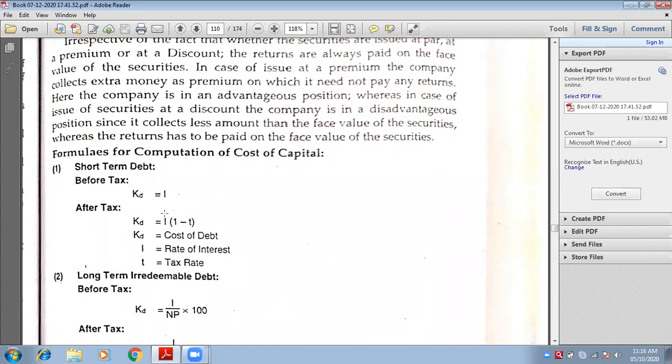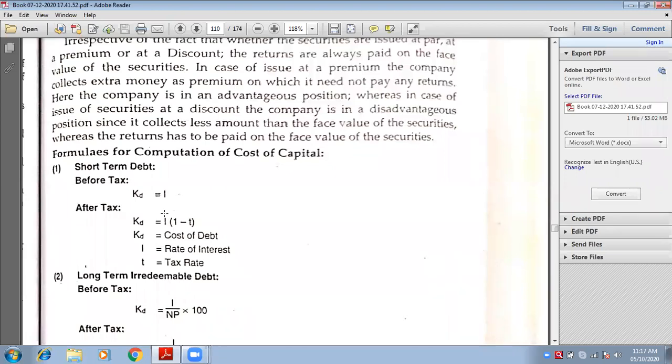So one thing is there which is not after tax. What? I means interest. Interest is paid to debt holders. By its nature it is before tax because it is paid before tax. The priority from the profits is given to debt holders first.